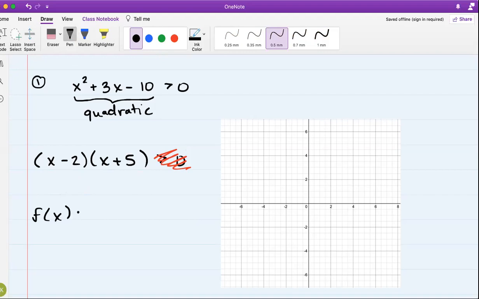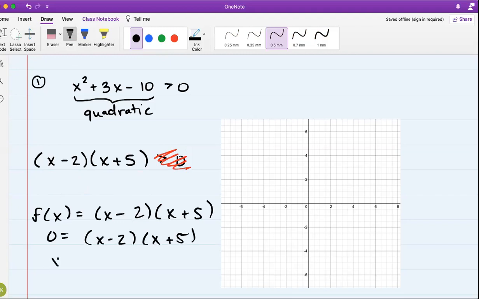So if we set this function equal to f of x, and then we set it equal to 0, you can see that your x-intercepts are 2 and negative 5.